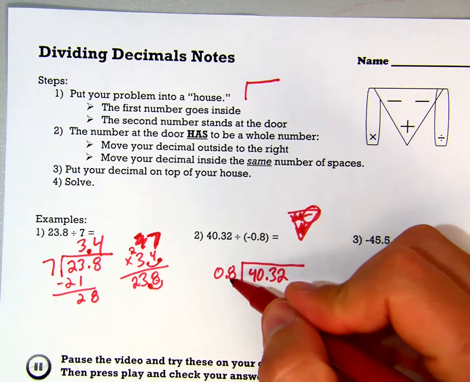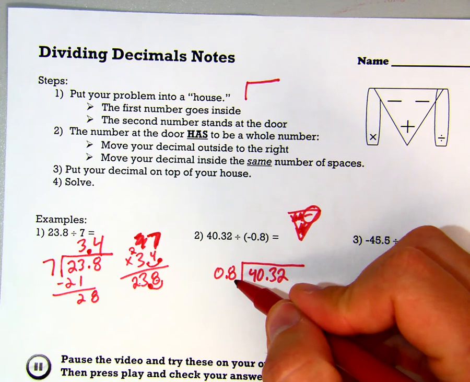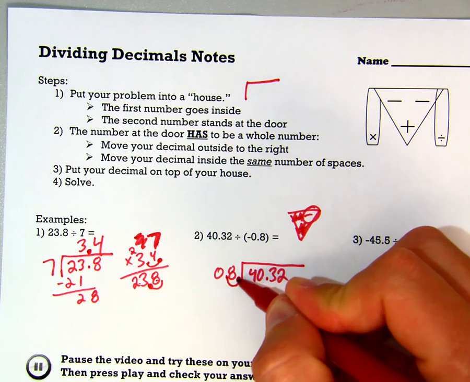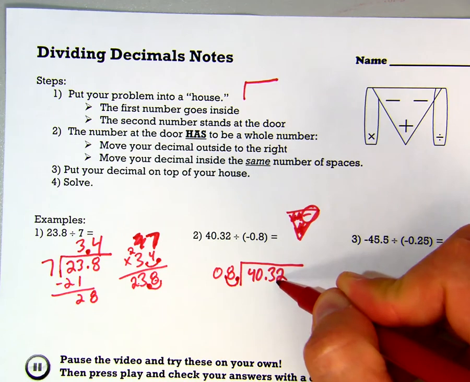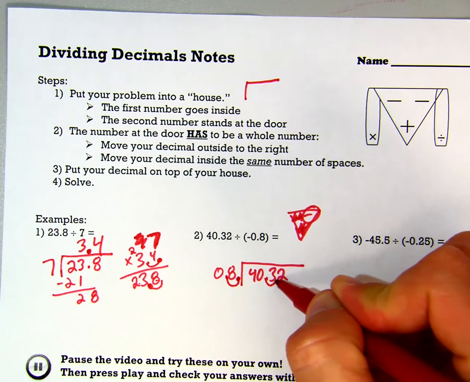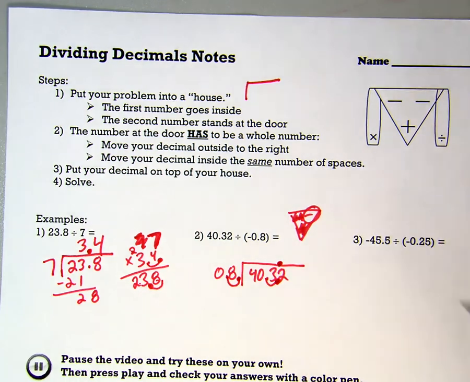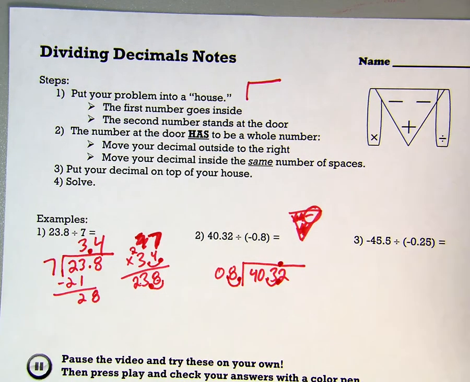I want a whole number on the outside, so I'm going to move my decimal place over to the right once. Because I moved it once outside, I have to do it once inside. I'm going to put my decimal place up top to remind me it's in the right spot.